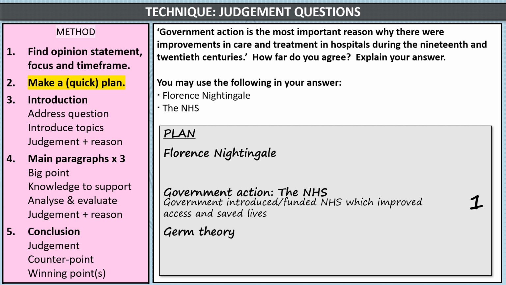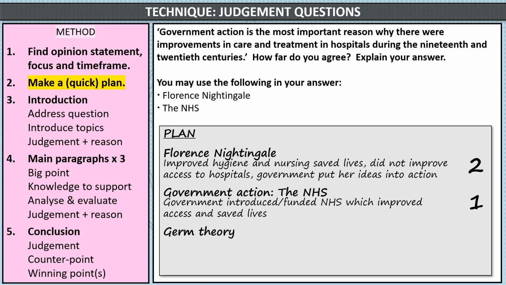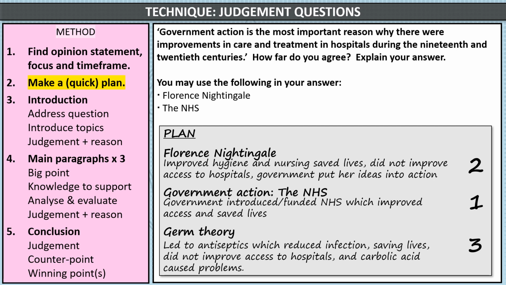I'm ranking Nightingale second, as her work also saved a lot of lives, but it didn't increase access to hospital care, and actually it was the government who put her ideas on hospital design into practice. I'm ranking germ theory last. Again, this saved lives, but it did not increase access to hospital care.